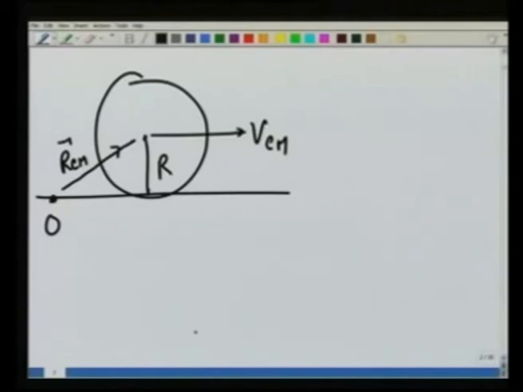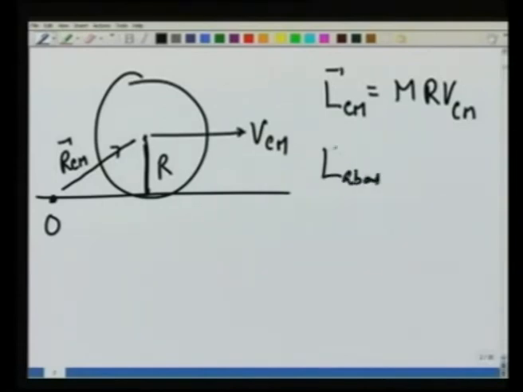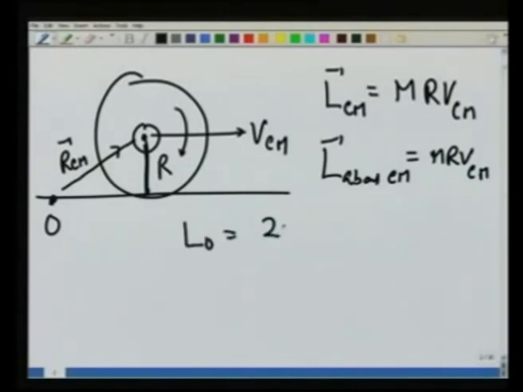So, you can see right away that L of center of mass is going to be m r v_CM, where r is the radius, r_CM cross v will give you only this projection, and L about CM, this is going to be in the direction perpendicular, r cross v is going to be perpendicular going into the page. I am not worrying about the direction right now. L about CM, since this is rotating like this, is also going to be m r v_CM. You can calculate that, and therefore, with respect to O, the angular momentum is going to be 2 m r v_CM.